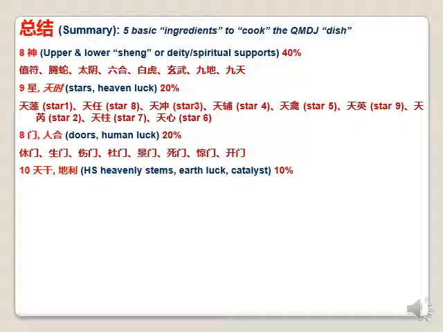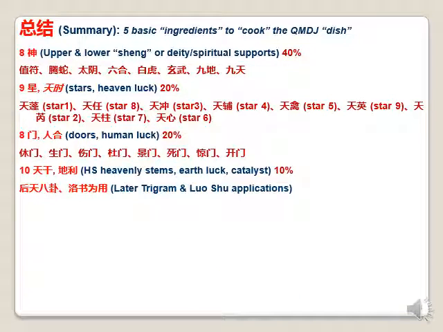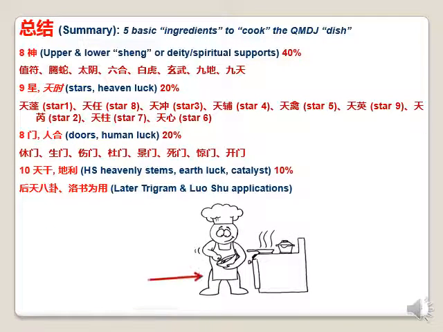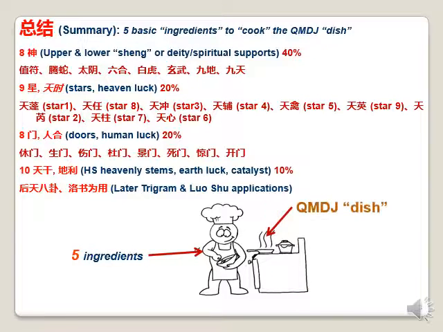This is the interesting part. And of course, as I mentioned, the ingredients also consist of your later trigrams, the 八卦后天八卦, and also the 洛书 applications. Then the basic ingredients are ready to cook the dish.